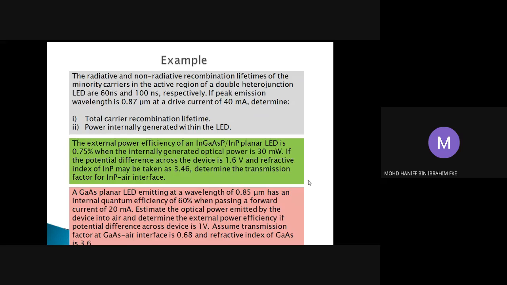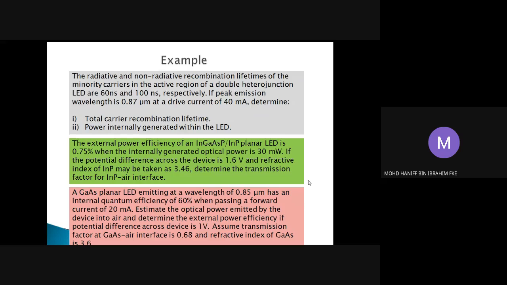For this example number one, we have information on the radiative and non-radiative recombination lifetimes of the minority carriers in the active region of a double heterojunction LED. The radiative recombination time is 60 nanoseconds. The non-radiative recombination time is 100 nanoseconds.